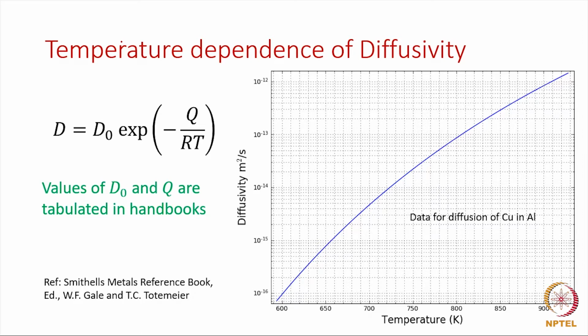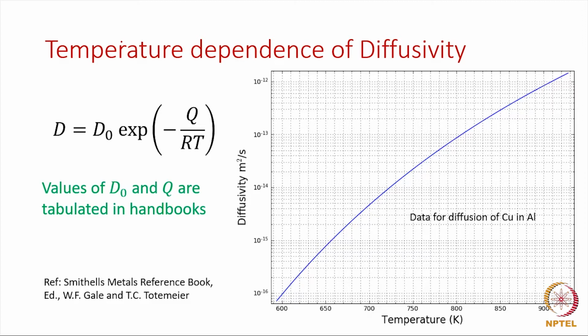So you can see from here that as the temperature is decreased from 900 Kelvin to 600 Kelvin, the diffusivity has come down by a factor of 10,000. So that's quite a large variation that is coming from the activation barrier, the magnitude, and depending on that, this variation would be different.